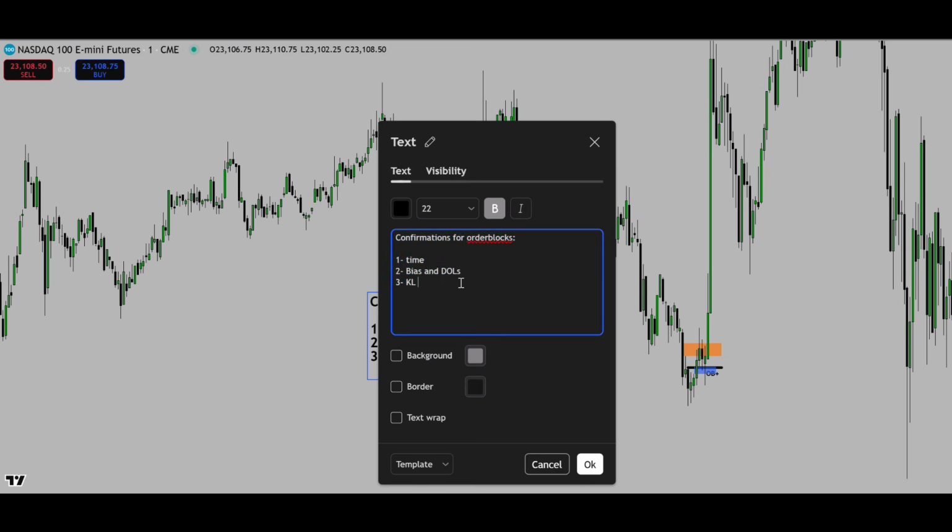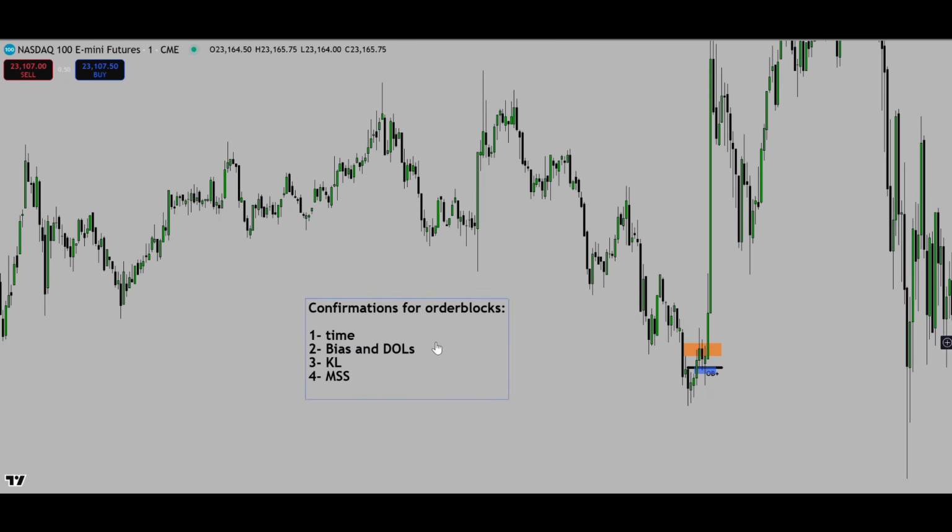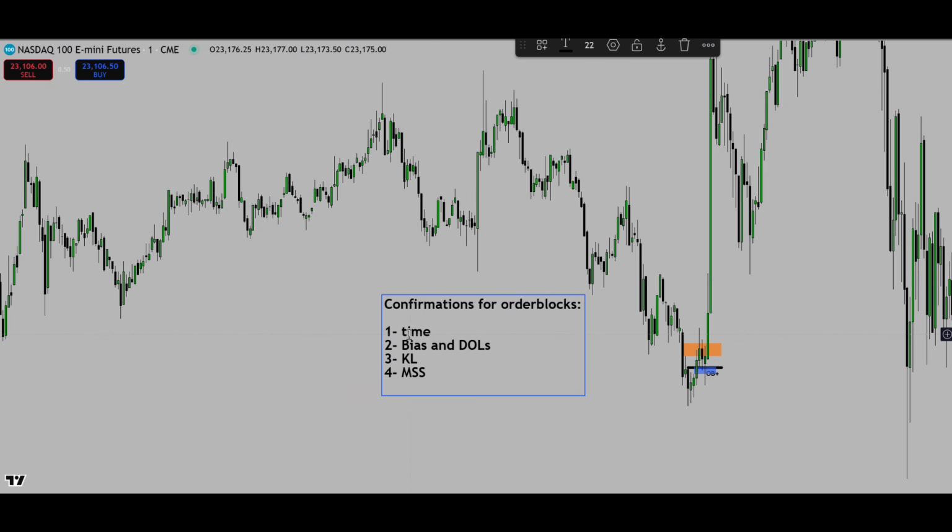And finally, step number 4, probably the easiest one to understand, would be the market structure shift. You need that break in market structure, or the change in state of delivery, to occur before actually entering the trade. So if you have the time set up, if you have your bias and draws on liquidity found, if you have your key level, but you don't have a market structure shift, you're still waiting on the sidelines.